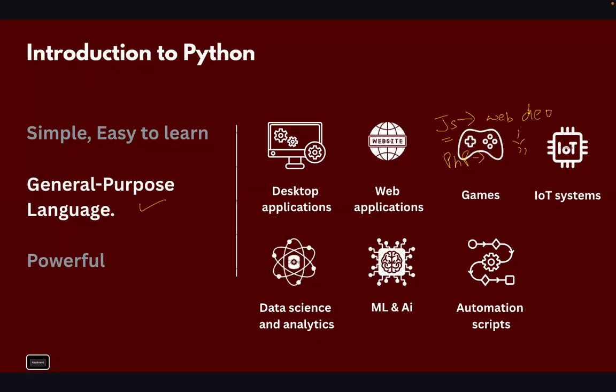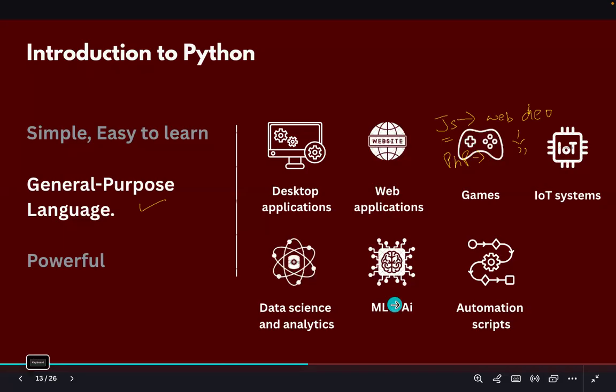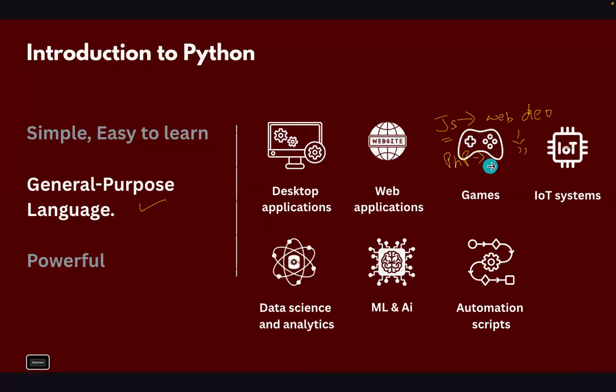The same with machine learning, desktop applications, and games. PyGame is one of the libraries we have for developing games using Python. Different kinds of packages are available in Python, using which we can develop all sorts of applications.